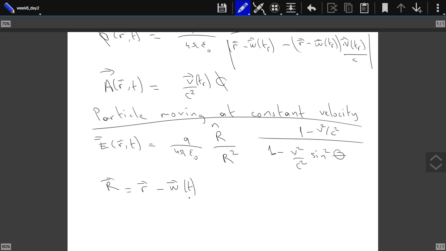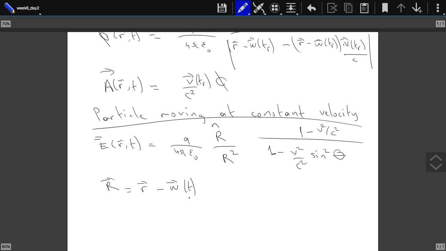Now, it doesn't mean we are ignoring any retardation effects. All of those effects are taken into account, and the electric field just turns out to be along this direction. So this is the position at which I am observing the electric field. This is the position of the charged object at the time that I am observing the electric field.